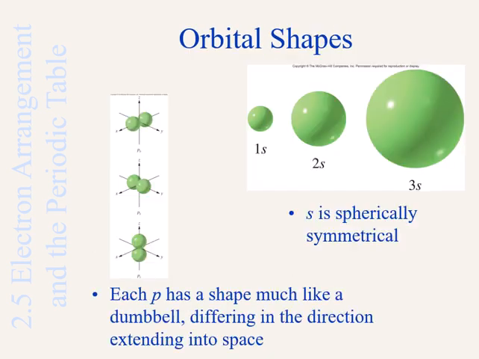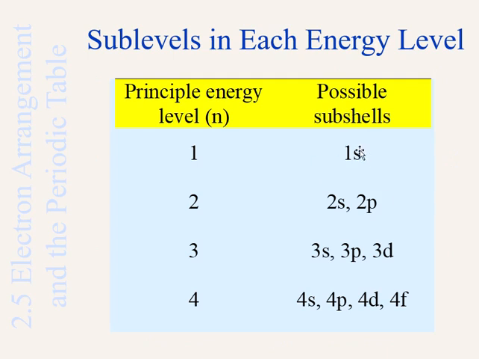So if we go back here where we looked at the possible subshells for each principal energy level, how many electrons are possible here? Because s can only have 1 orbital, there are only 2 electrons possible in the principal energy level n equals 1. Now here s can only have 1 orbital as well, so that's 2 electrons in 2s, but p can have 3 orbitals and each orbital can have 2 electrons, so a total of 6.